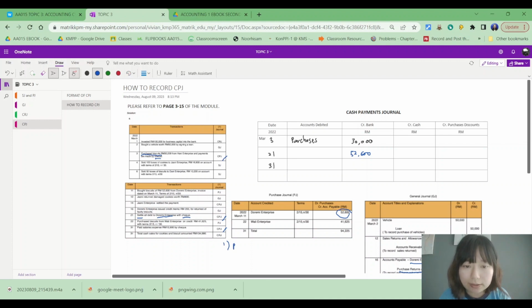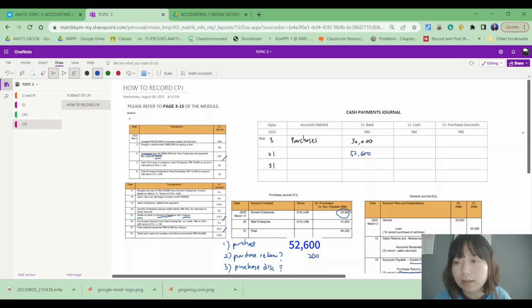So first thing yang kita nampak, the amount is here. So that's the purchase. Okay, if there's any purchase return. Okay, and if we refer to GJ, yes, there is. Okay, 200 ada.